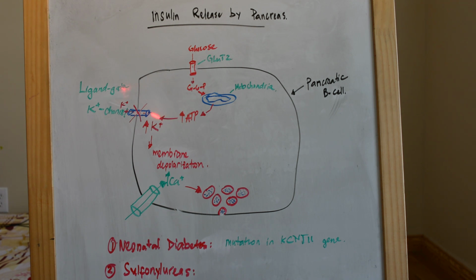The increase in ATP closes the potassium channels. The closure of potassium channels causes an increase in potassium within the cells, and it causes depolarization of the membrane, and that depolarization causes the opening of the calcium channels, which leads to an increase in calcium, and that increase in calcium stimulates the release of insulin from the pancreatic beta cells.